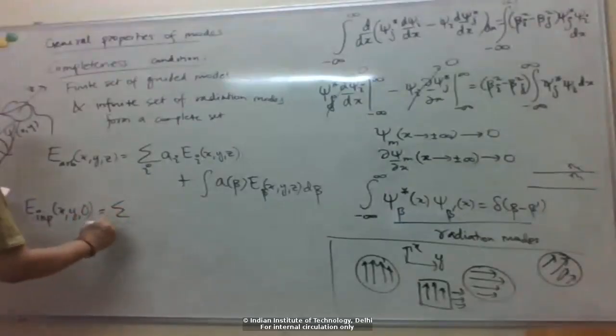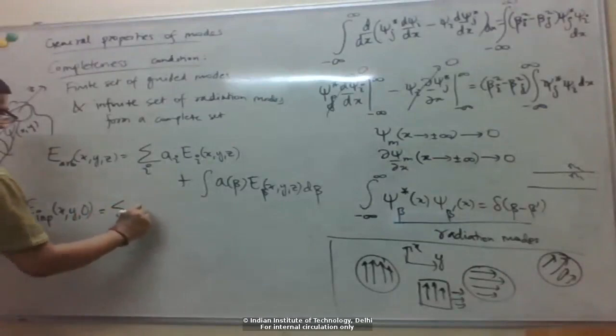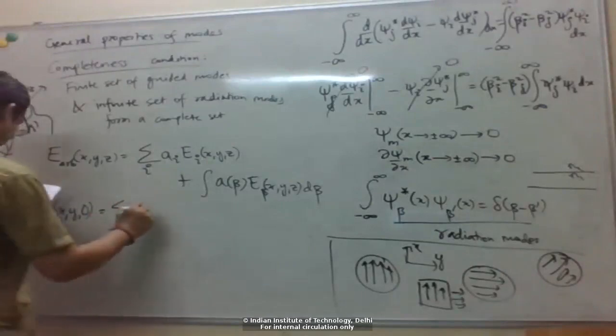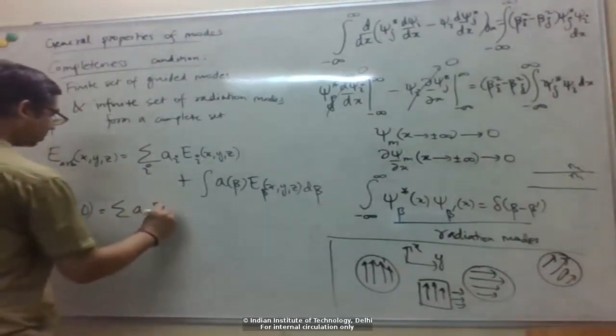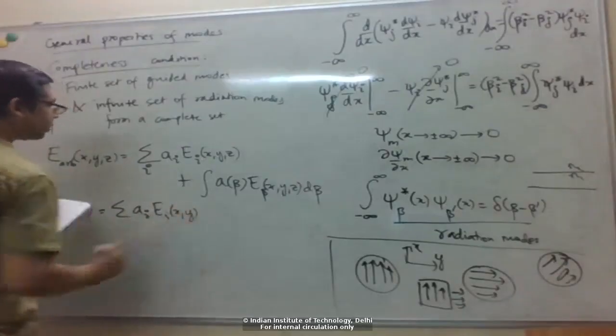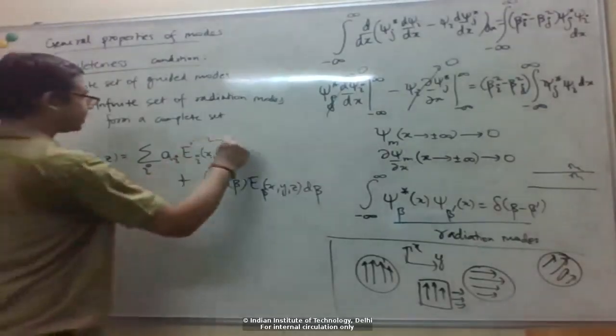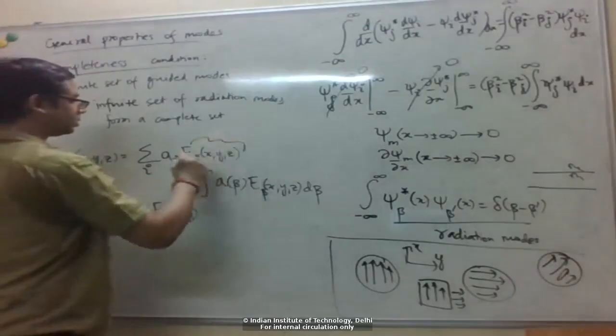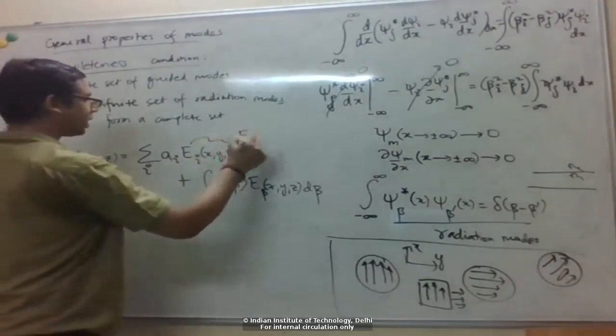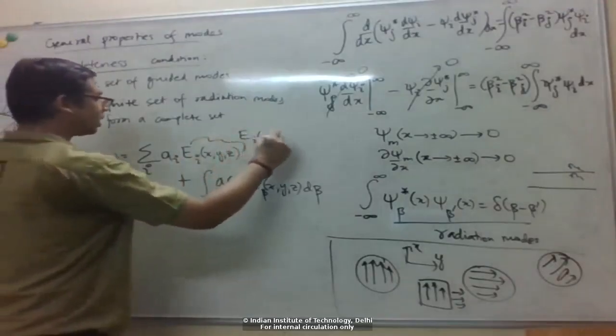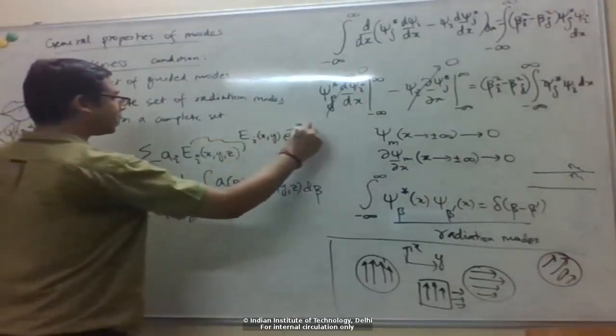So that profile I can write as again a superposition of. So remember, for the guided modes, you can write them as some E of x comma y, e to the i beta z, e to the minus i beta z, right?